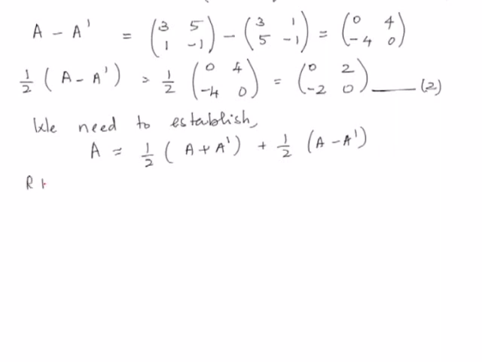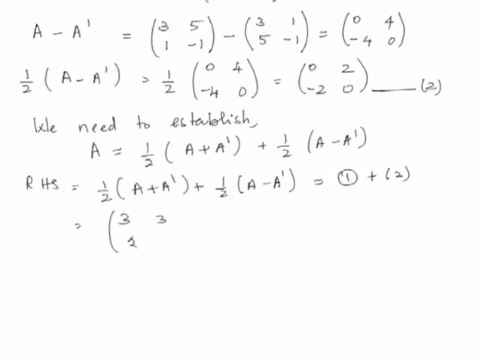The right hand side is equal to half of A plus A dash plus half of A minus A dash, which is ultimately the sum of the first and second equations. So, it is [3, 3; 3, -1] to be added with [0, 2; -2, 0].